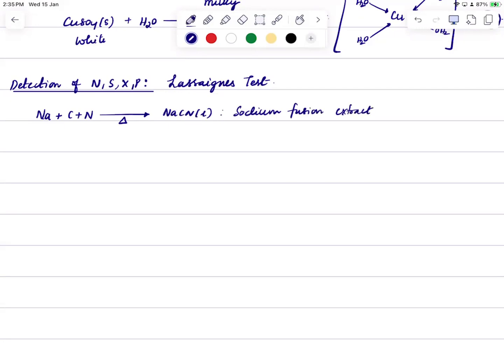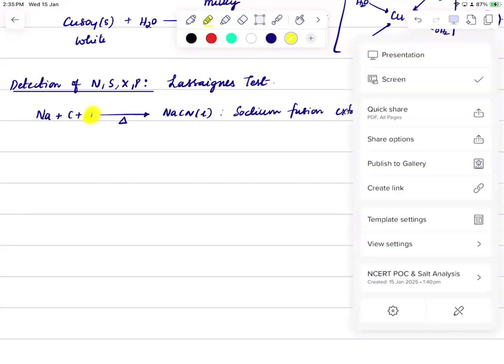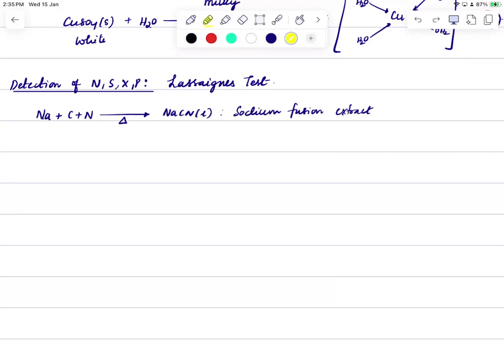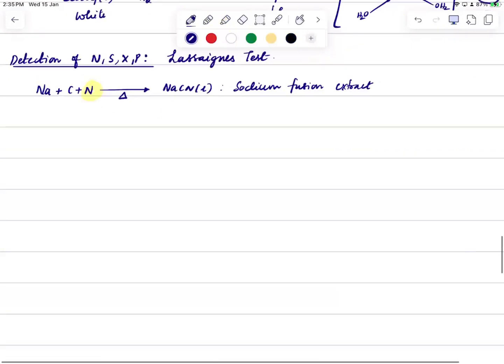Now, this is to indicate that there is a presence of nitrogen. If there is a nitrogen present, then this is a product that you can get. That is NaCN.